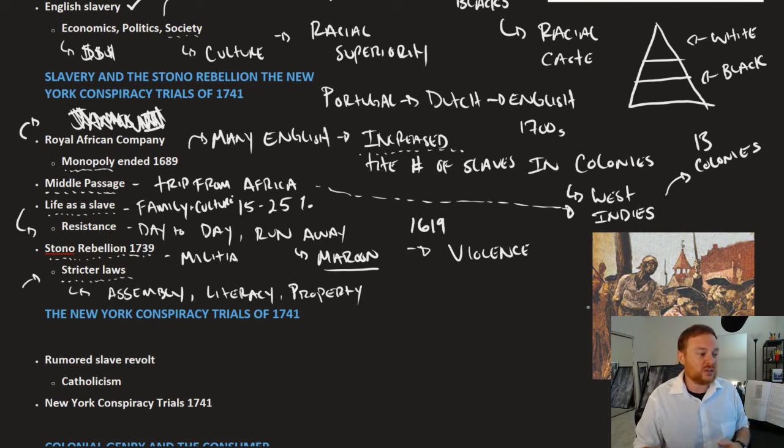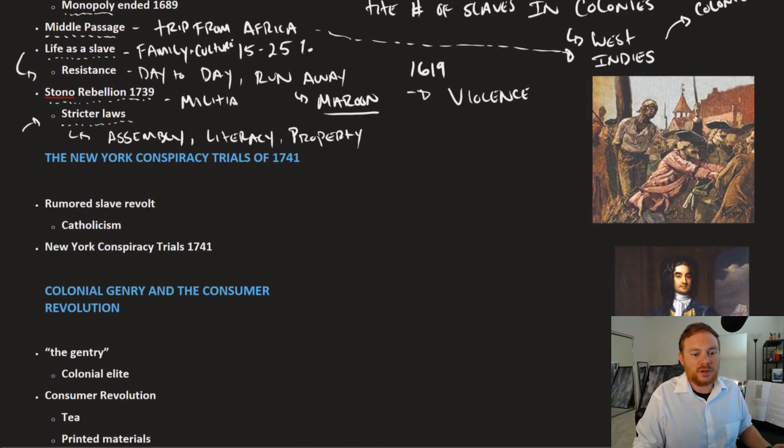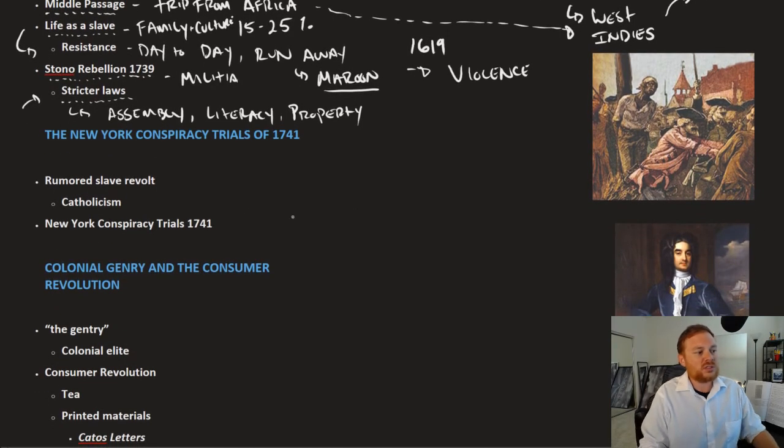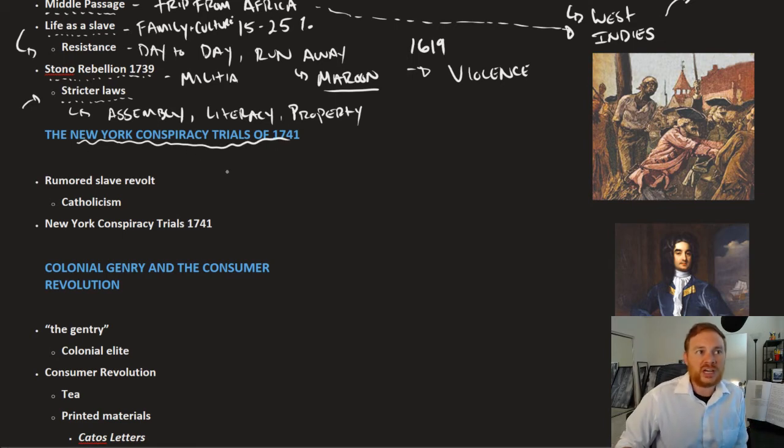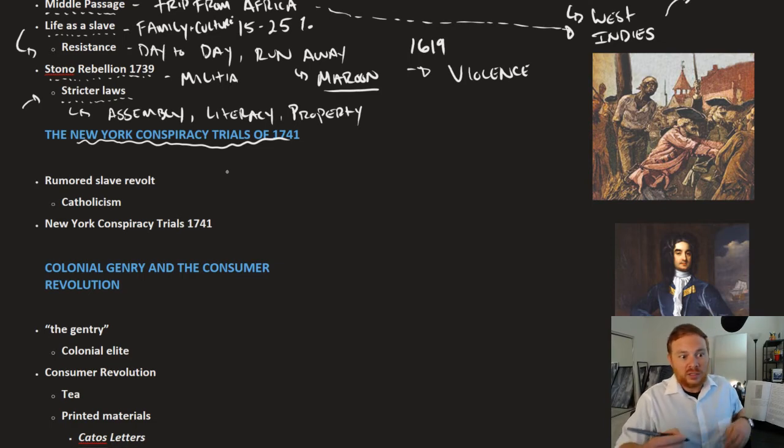Another important event related to this is the New York conspiracy trials. Now, we don't typically think of New York as being a colony which relied very heavily on slave labor, but we do have to remember that New York had previously belonged to the Dutch, and New Amsterdam, as it was called, was an important trading port along the way.